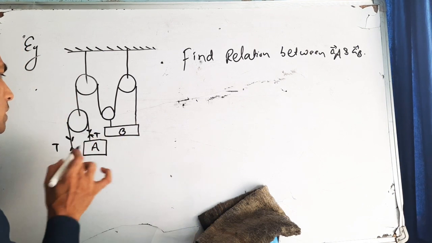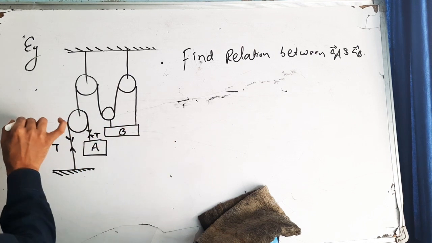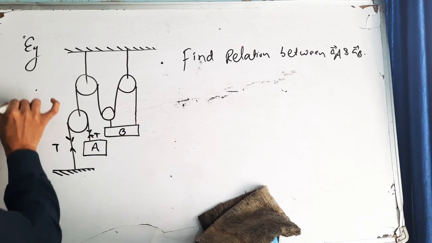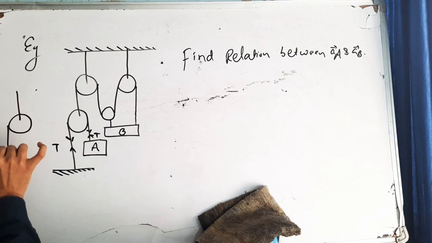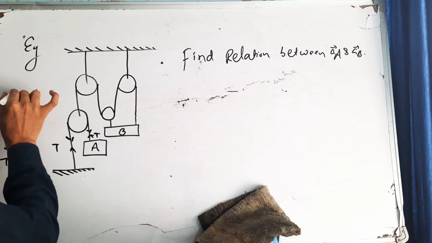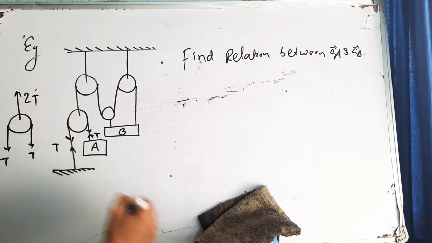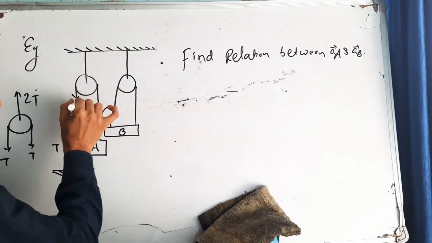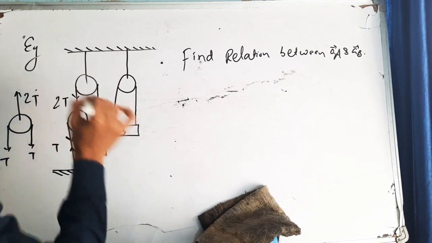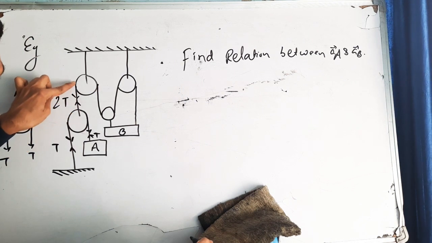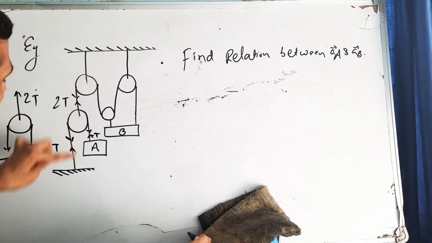So this is T and this is T. Basically student, this is the more doubtful thing for the students. You can see this is T and this is T in the upward direction, acting as 2T, right? So you can see here, student, here the tension is basically 2T, right? Okay, so this is a common string, this is a common string, this is a common string.